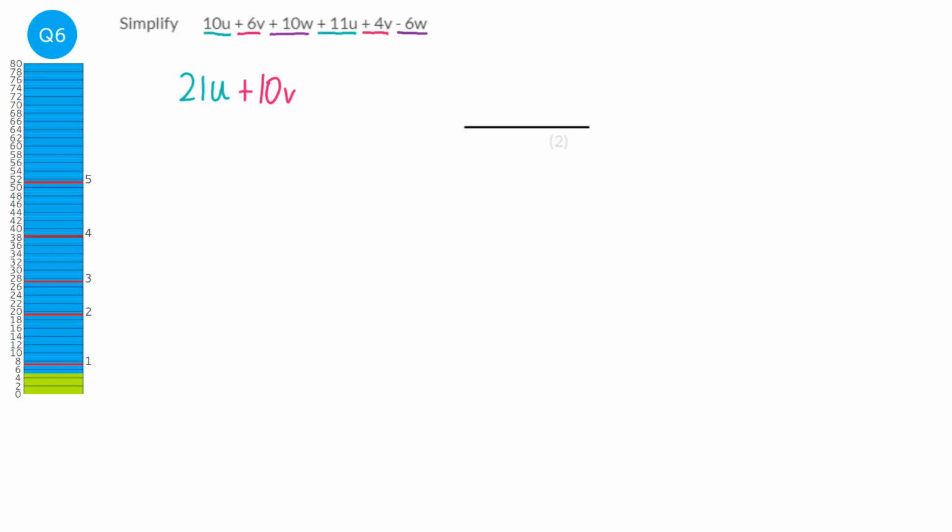So 10 take away 6 is 4, so plus 4w. But we can't add a u term to a v term to a w term, so we have to just leave them be. So our answer is 21u plus 10v plus 4w. But we can multiply them, we just can't add or subtract them.